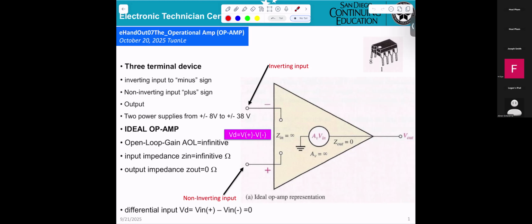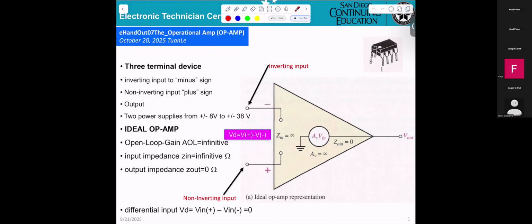They need a power supply ranging from plus/minus 8 volts to plus/minus 38 volts. And in the lab, normally we're using 15 volts and minus 15 volts.